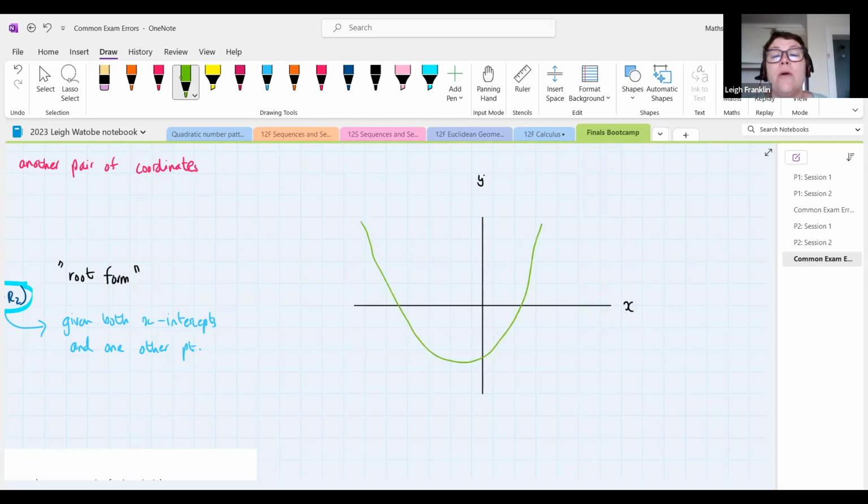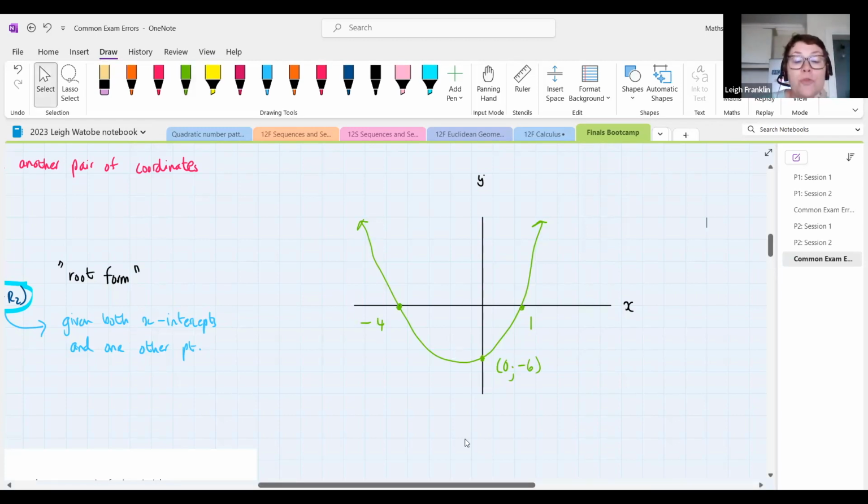Excuse my horrible parabola. I'm making up values here, but whatever we get, it will work. Let's pretend that that is -4, and let's pretend that that is 1. And let's say they give you one other point that lies on the line. It could be any point, but let's pretend that it is the y-intercept, and let's say here that it is (0, -6).